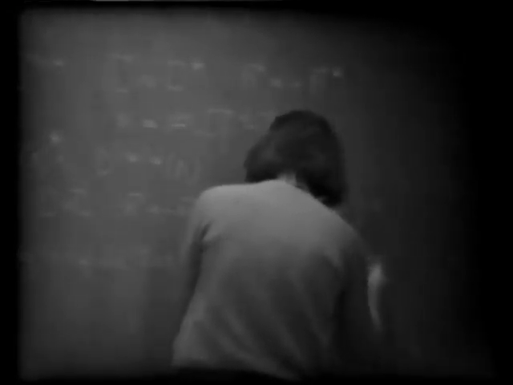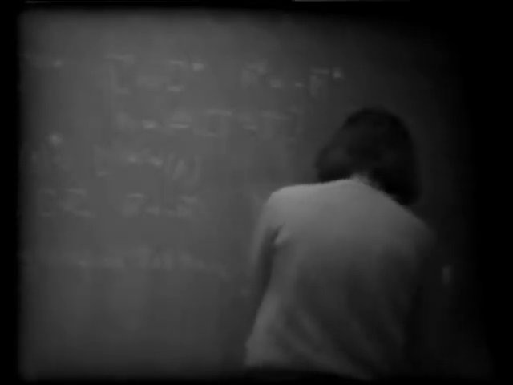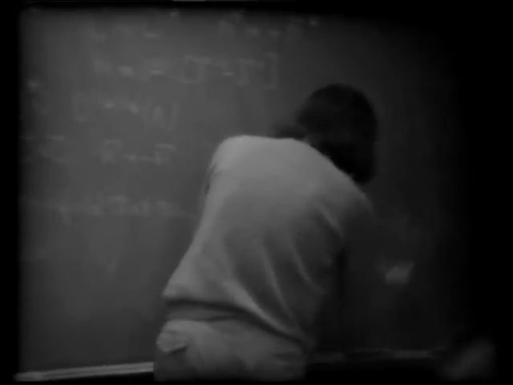A parity acting on a field that transforms like D of S plus, S minus of lambda must make a field that transforms like D of S minus, S plus of lambda.